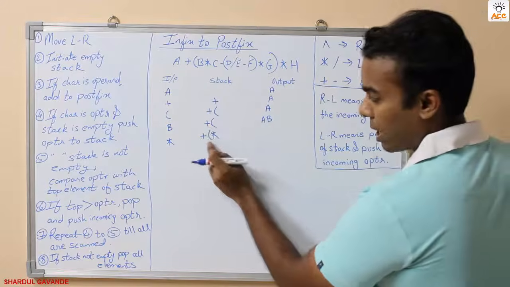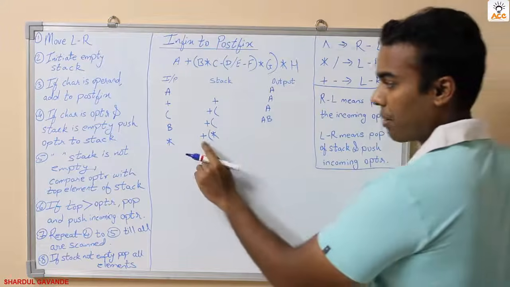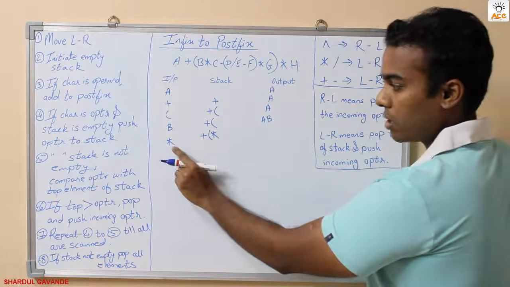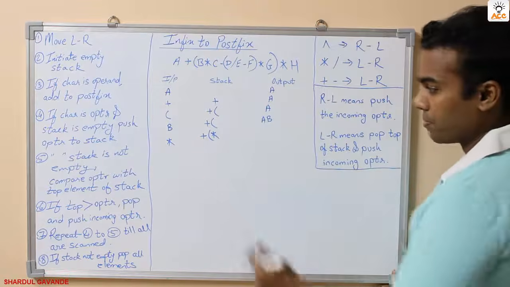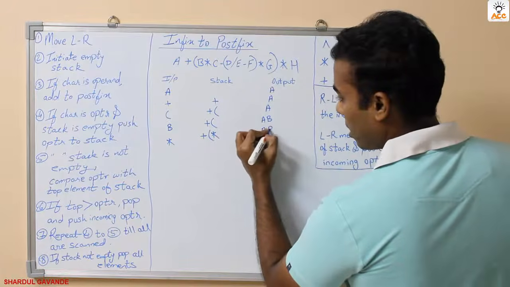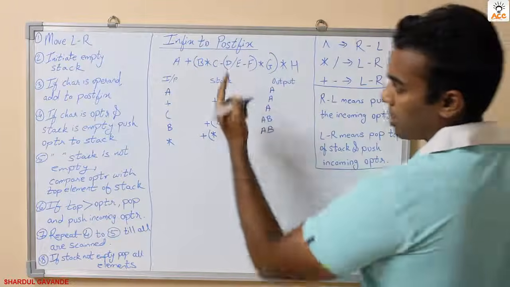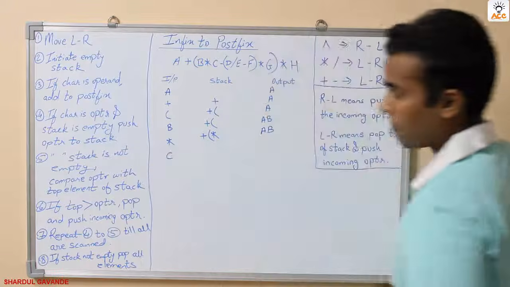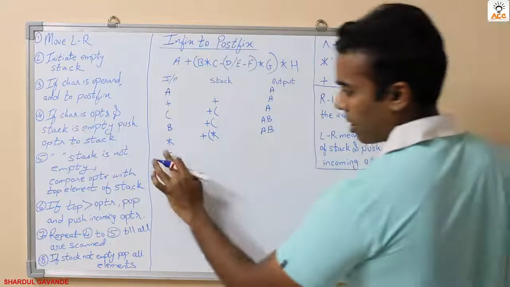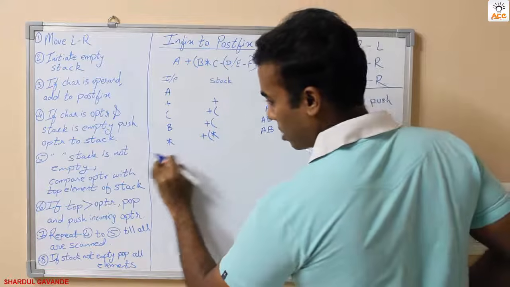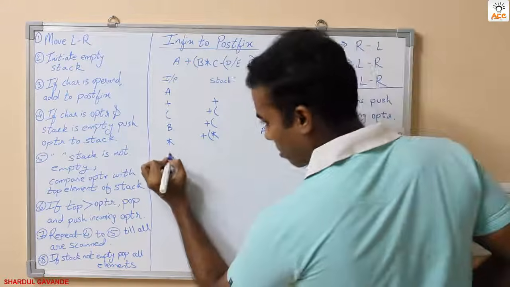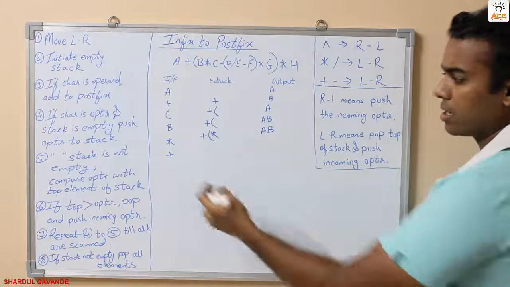If this bracket was not there, then we would have compared our top element with the current operator's precedence. Here the output would be A and B. Now next we have C. Suppose the next character is not C, and let's assume that it is plus.